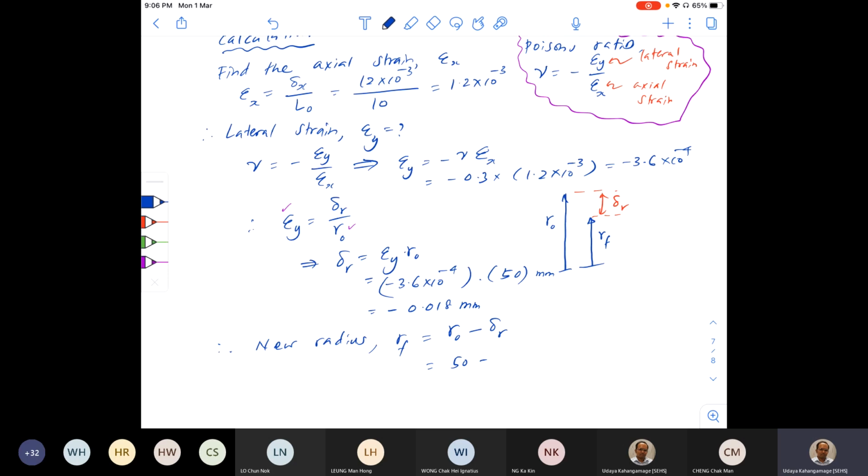It's 50 minus 0.018, which is 49.982 millimeters. Since this is a circular cross section, there is the same reduction all around. But if it is another shape, you need to consider contractions in all directions, X, Y, and Z.